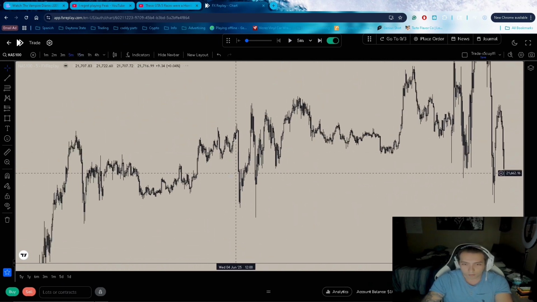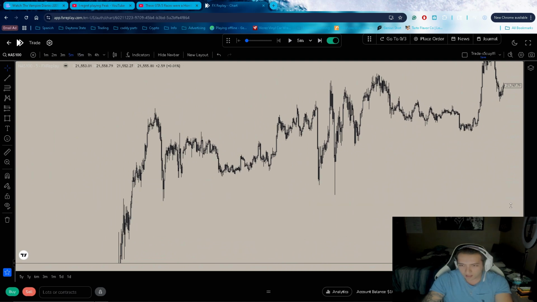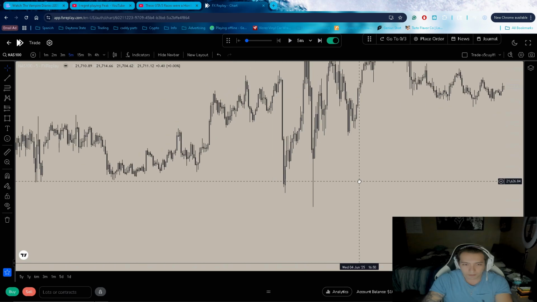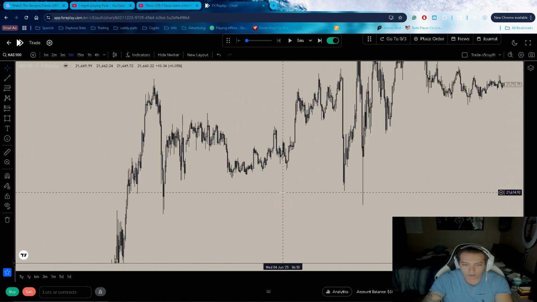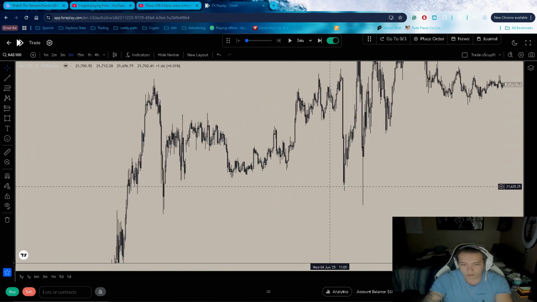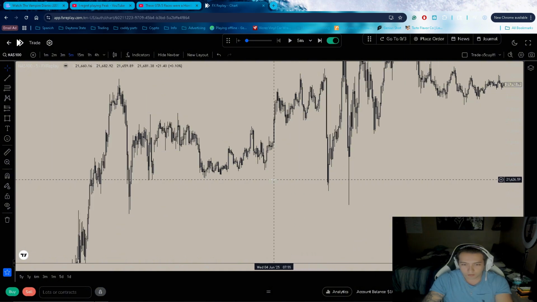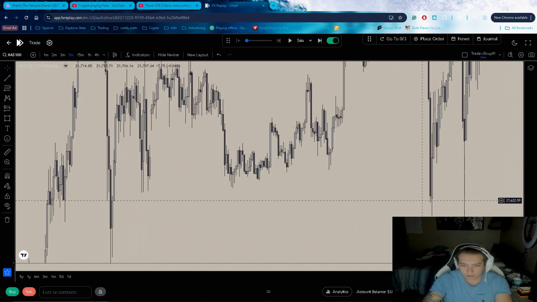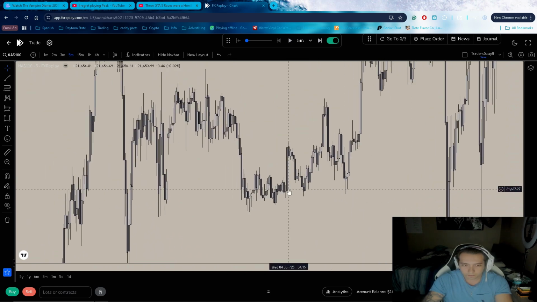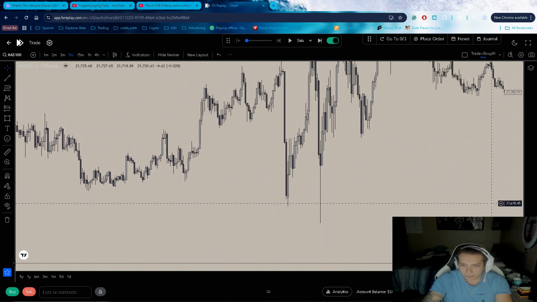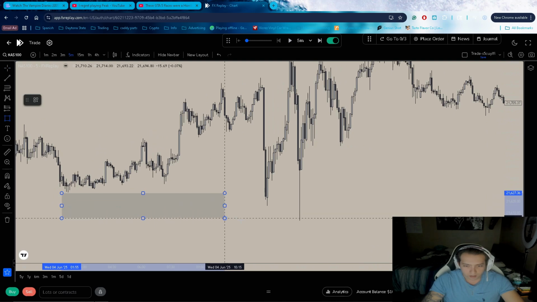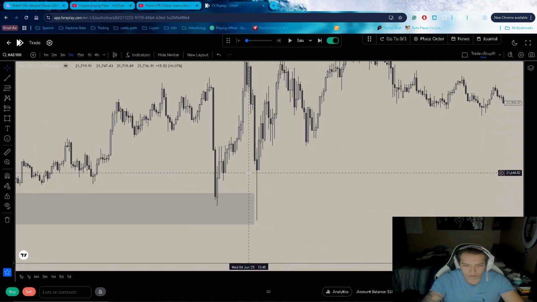Another thing to mention, for me, the model becomes less probable, less valid, if it takes a lot of candles to inverse it. So for example, let's say the price came into a 15-minute fair value gap right here.